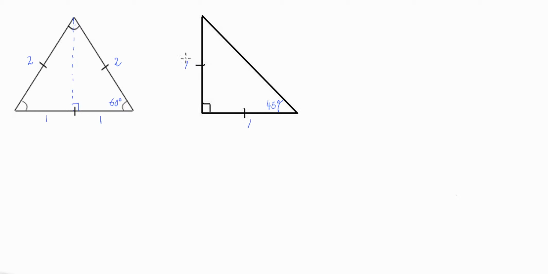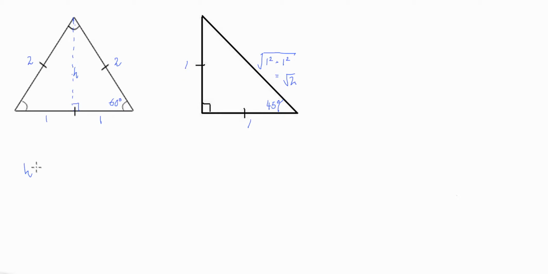Great. And using Pythagoras, we know that this side here is going to be the square root of 1 squared plus 1 squared, which is equal to the square root of 2. So we have sides here: square root of 2, 1 and 1. On this triangle, we have to find the height, which we'll call h.